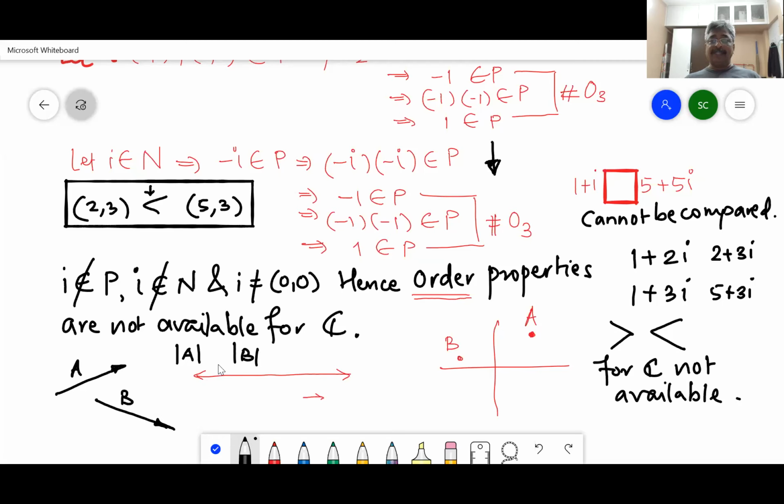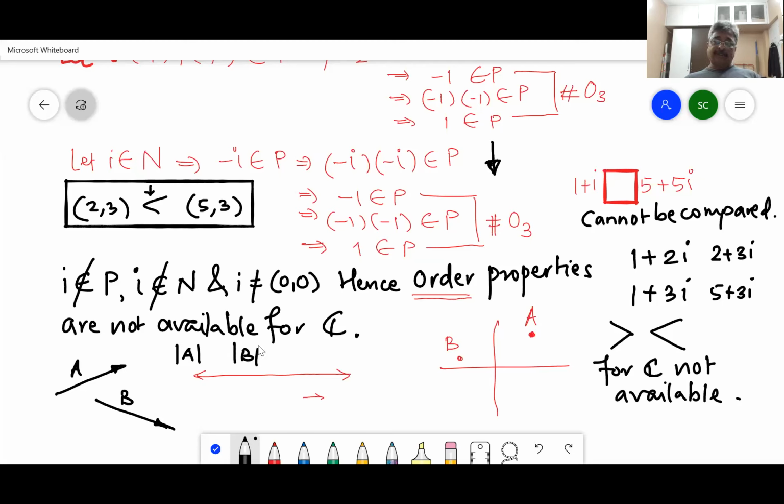Then that comparison is a real number comparison. It is not a vector comparison. It is the comparison between two real numbers which happen to be the lengths, the magnitudes, of those vectors. Then you can compare, otherwise not.